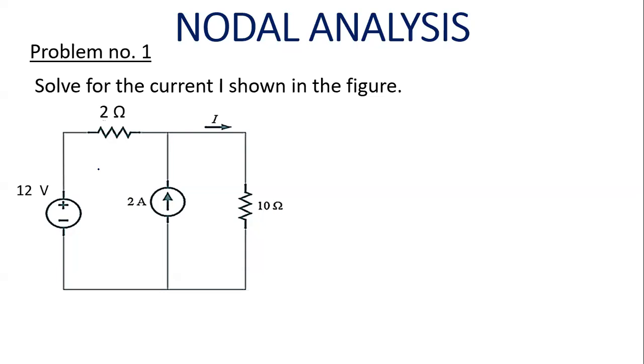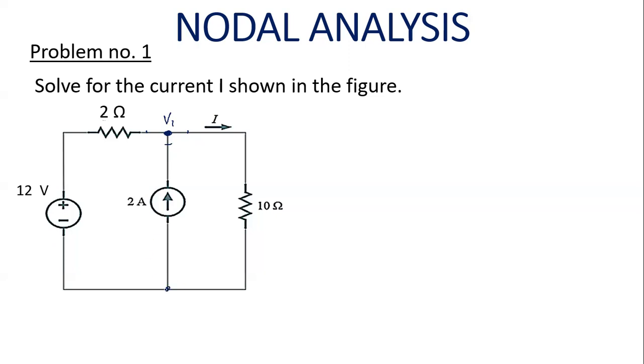First, we have to identify the nodes and label them. So how many nodes do we have? This is the non-reference node, because it has 1, 2, 3 branches connected to it. So we'll call this node 1, and we'll let the voltage at this node be V1.